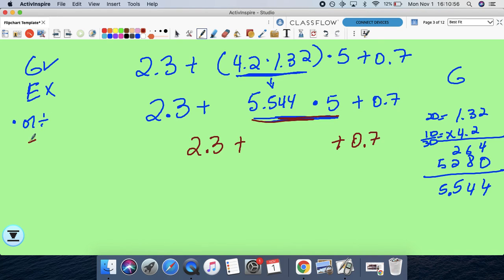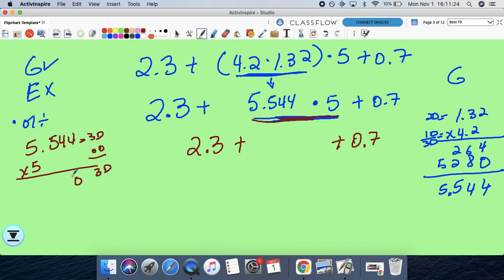So let's multiply 5.544 times 5, right? Times 5. So there's 3 decimal places here. There's 0 decimal places here. So my answer is going to have 3 decimal places.